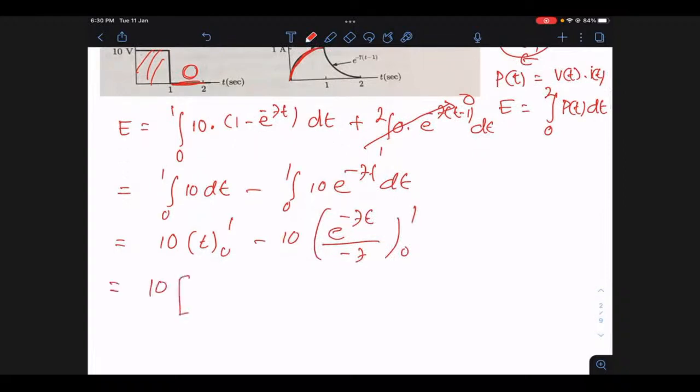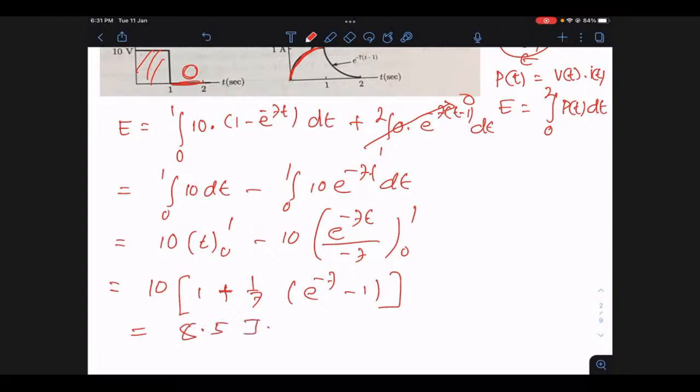So this is 1 minus 0 is 1, plus 1 by 7 times e raised to power minus 7 minus 1. Take a calculator and simplify this, and the answer comes out to be 8.5 Joule.